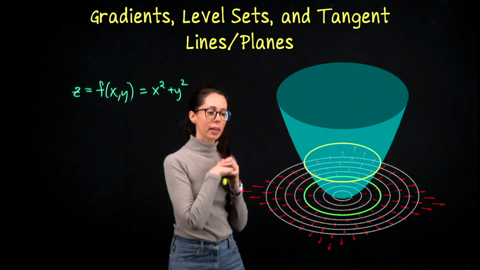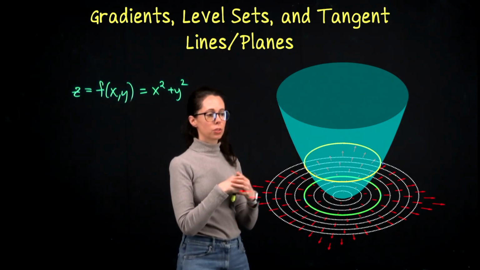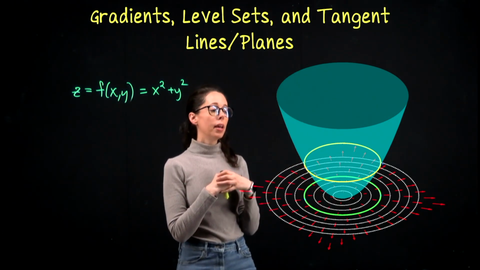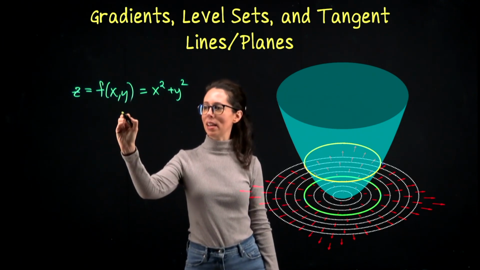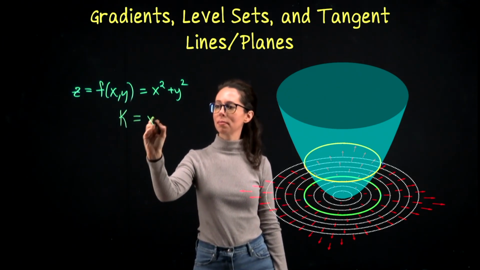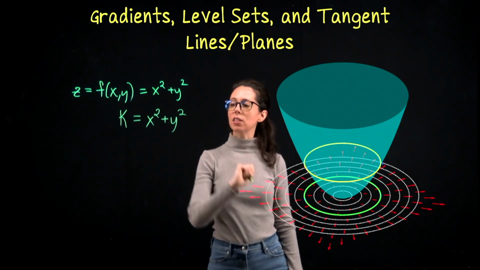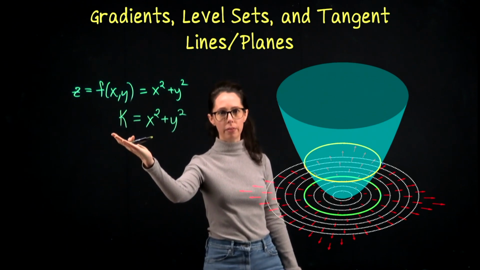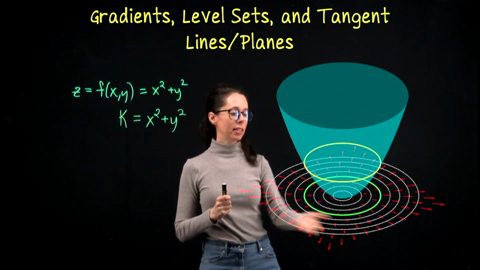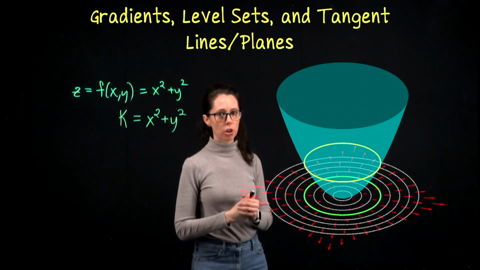In fact, if you picked different output values starting at 0 and going up, you'll recognize pretty quickly that if you take any number k, and look at what points in the xy plane send you to that output value, what you will generate in the domain is a family of concentric circles.